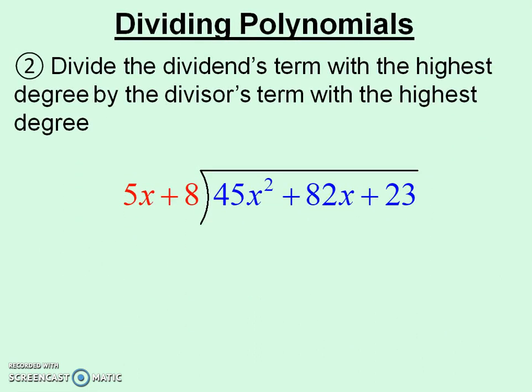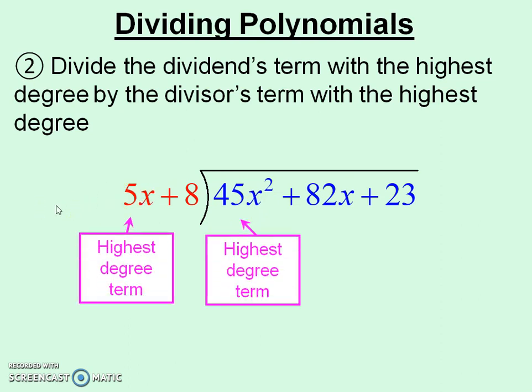Step 2, divide the highest term of the dividend by the highest term of the divisor. So the term with the highest degree here, the term with the highest degree here, it's these ones, we're going to divide those.